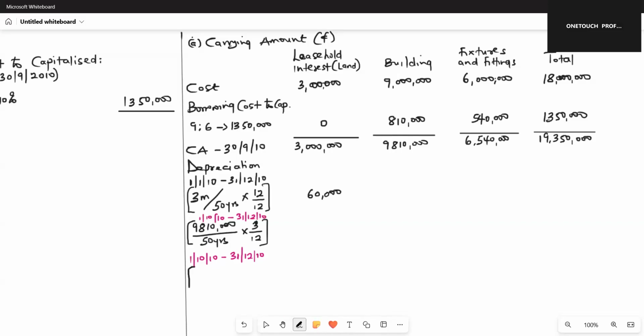So the next one will be 6,540,000 all over how many years? The fixtures are for how many years? 10 years.